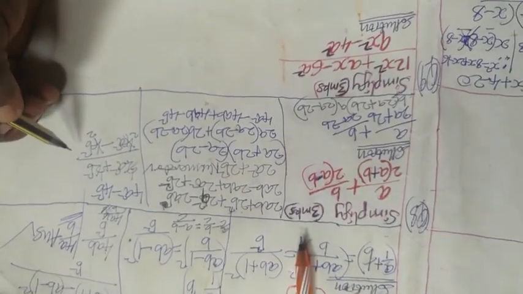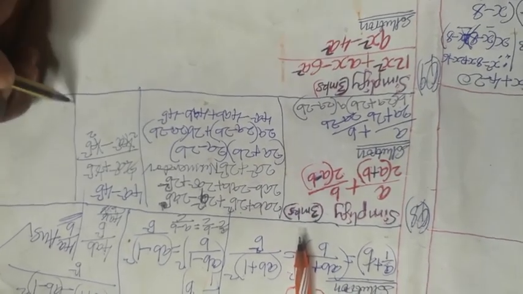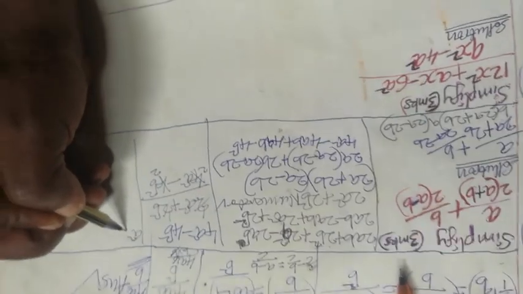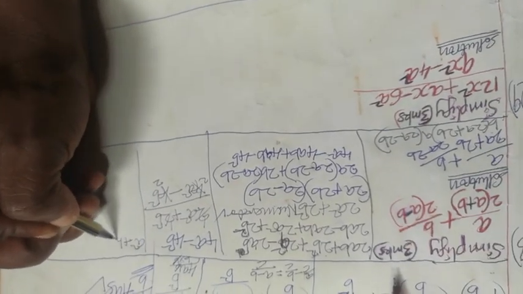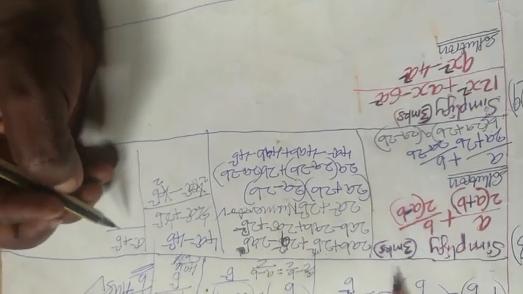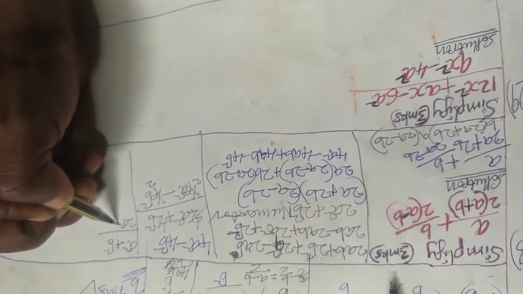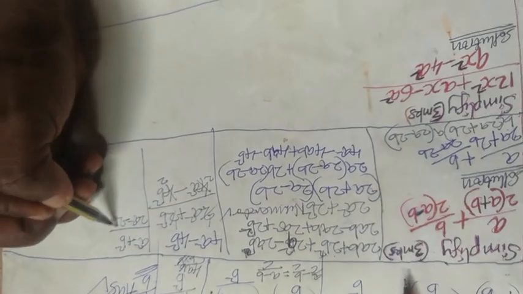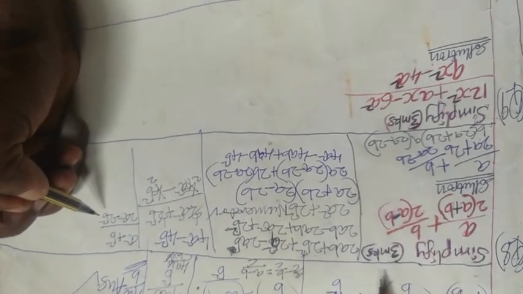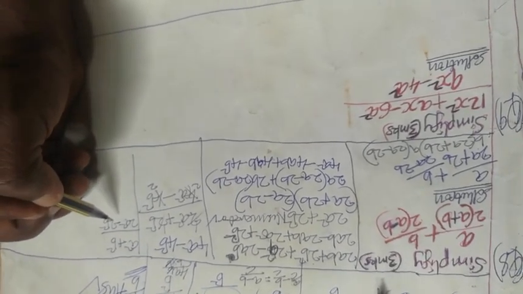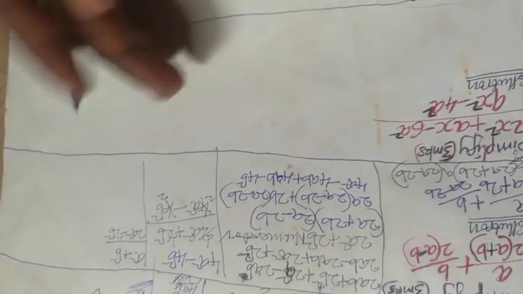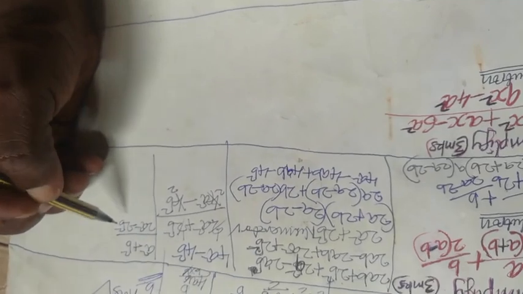Therefore, this will finally give us a squared plus b squared all over 2a squared minus 2b squared. And this is our final answer.